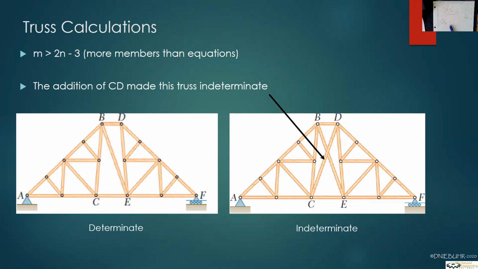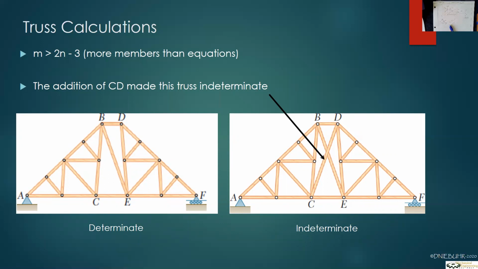So when we go to solve, we may find that at a certain joint, there'll be more than two unknowns at that joint. Because remember that with method of joints, we can only solve for two unknowns because we only have two equations, some unknowns in the x, some unknowns in the y. So this is an example of how it becomes indeterminate.